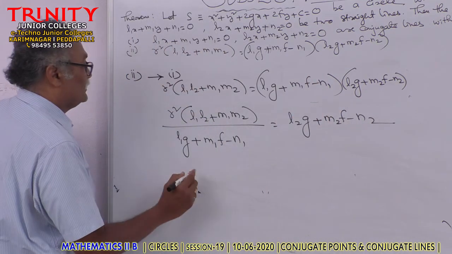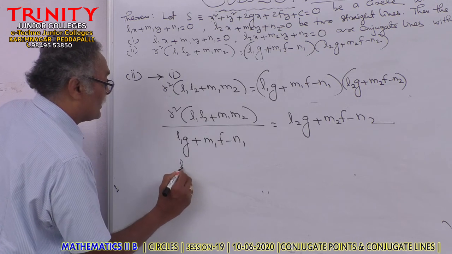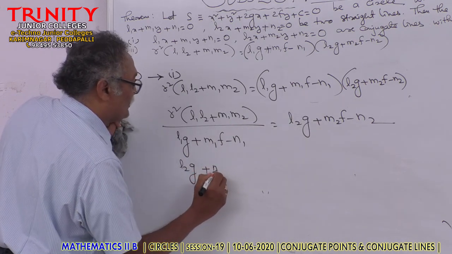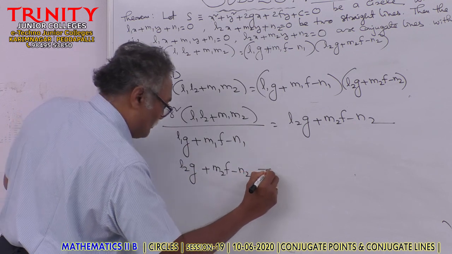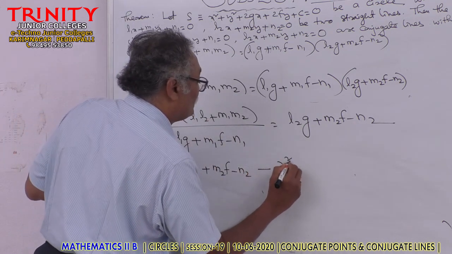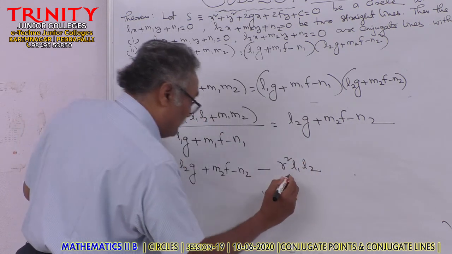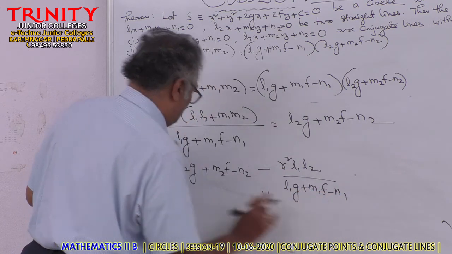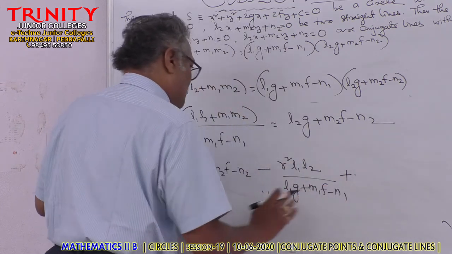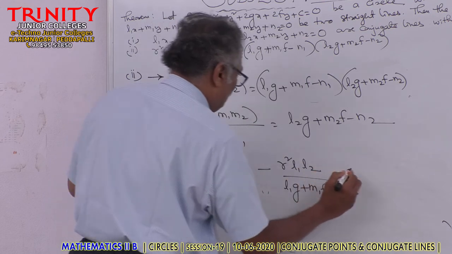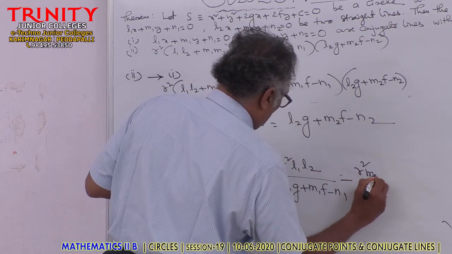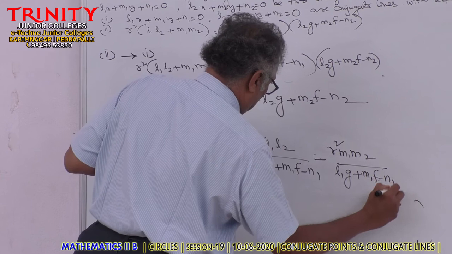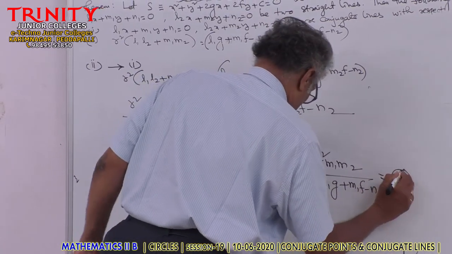Now, L2g plus M2f minus N2 minus R square into L1 L2 by L1g plus M1f minus N1, minus R square into M1 M2 by L1g plus M1f minus N1, equals 0.